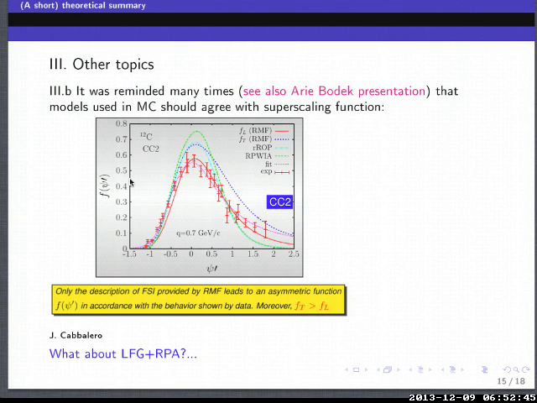However, since in many computations the choice of model for CCQE is local Fermi gas plus RPA, it would be interesting to see the prediction of this model for the longitudinal response. I have never seen it. Probably it exists, I don't know.